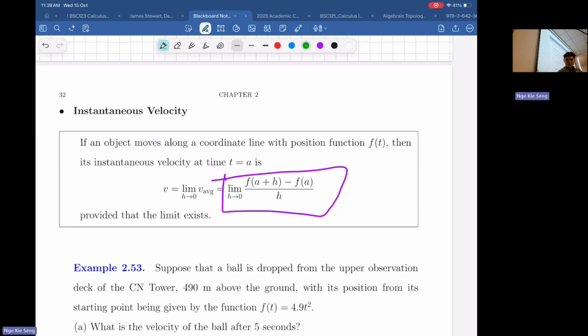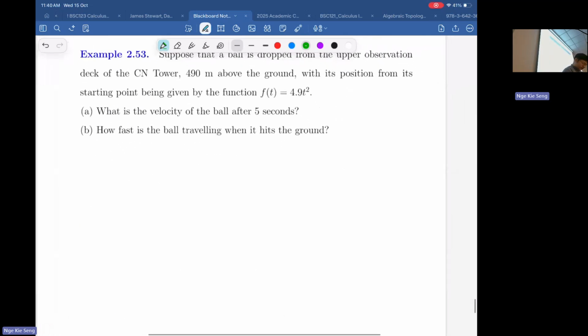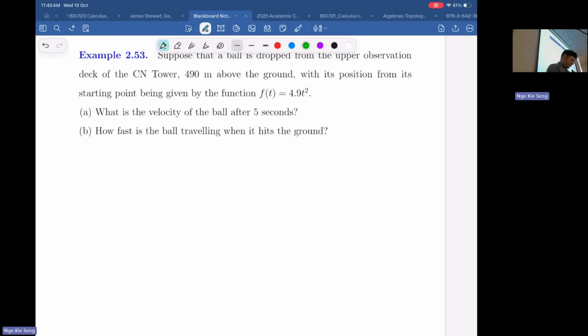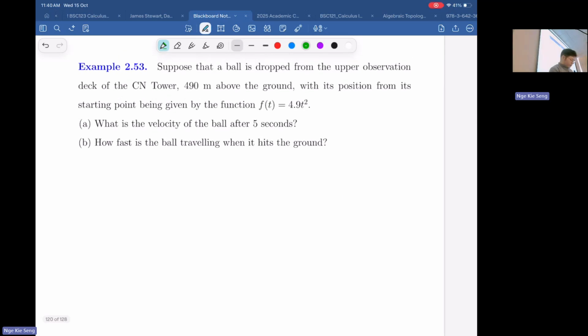Okay, let's discuss this question. Maybe we don't compute to the finish, but I'll tell you how to start it. Then you can finish the calculation yourself. So suppose the ball is dropped from the upper observation deck of the CN Tower. So you just draw a tower like that, and then a ball will drop from here.